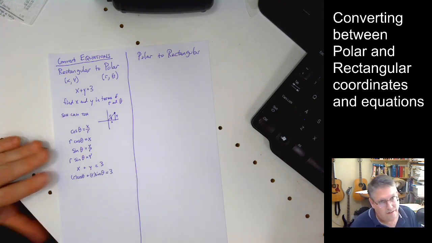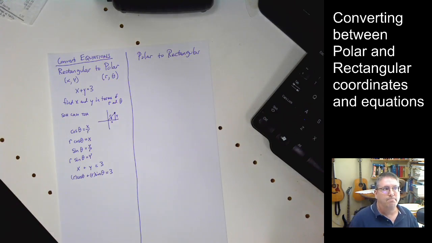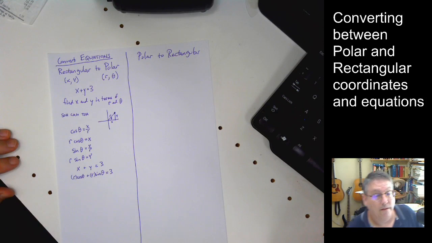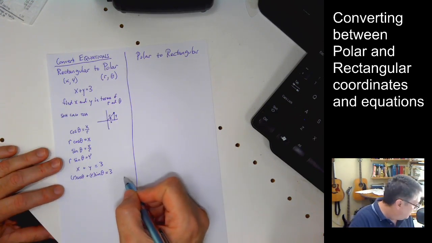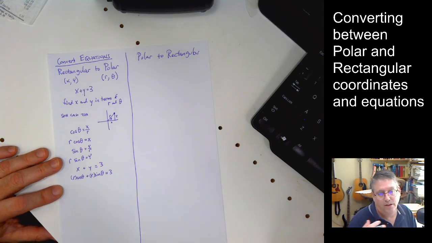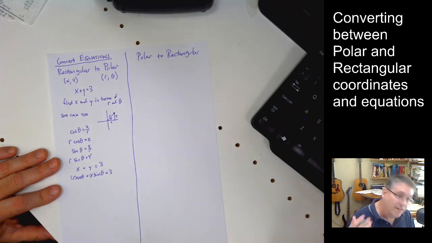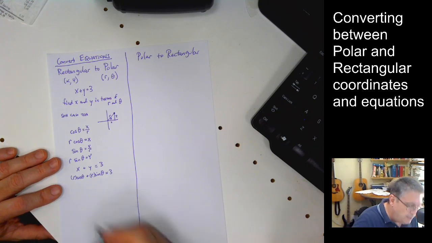And we could be done there, depending on what the instructions require, or whatever you're trying to accomplish requires. But let's finish this off and get r by itself, so that you could pick an angle theta and find out what r is in this equation.